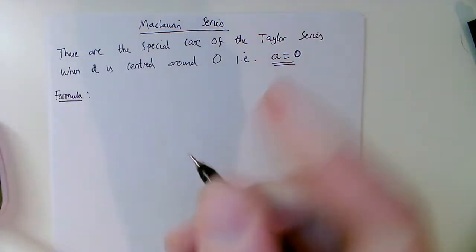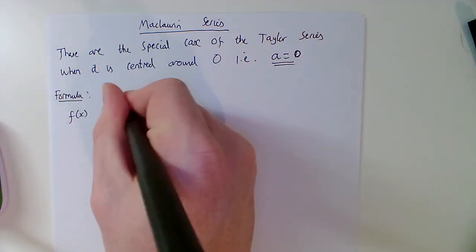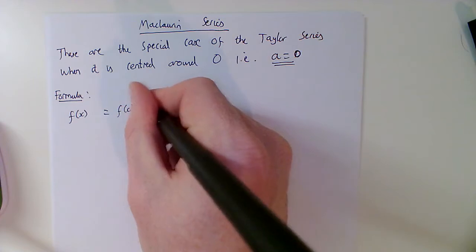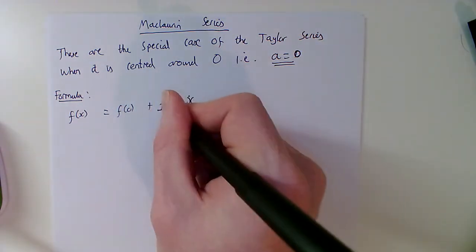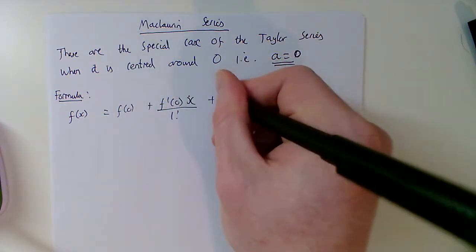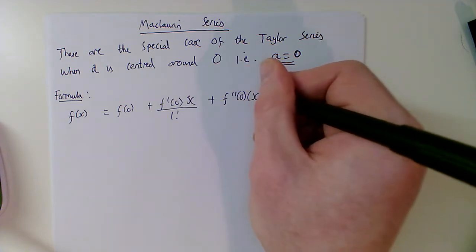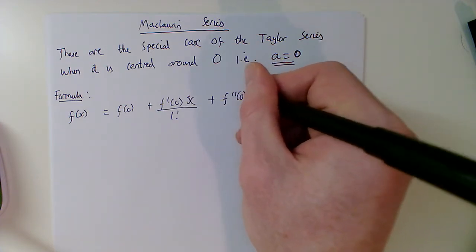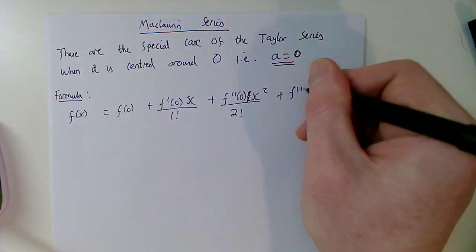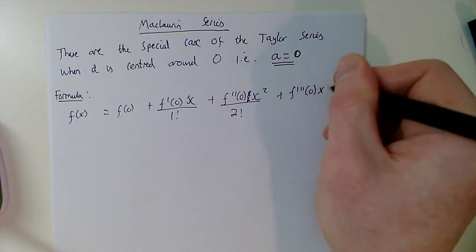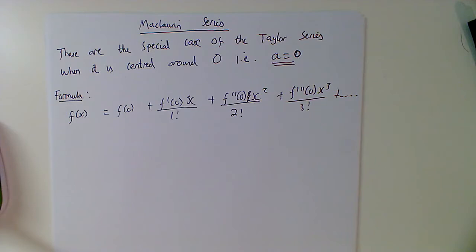for our approximation is that f of x is equal to f of 0, you can remember a is 0, plus f dashed of 0, x take away 0, which is x over 1 factorial, plus f double dashed of 0, x take away 0 squared, so that's just x squared, over 2 factorial, plus f triple dashed of 0, x cubed, over 3 factorial, and so on, all the way up.